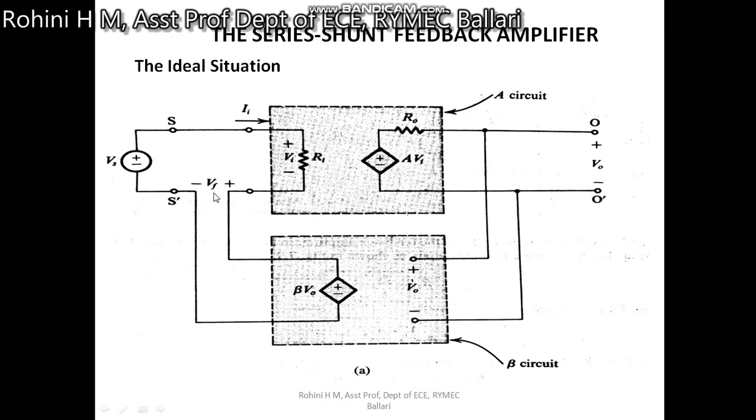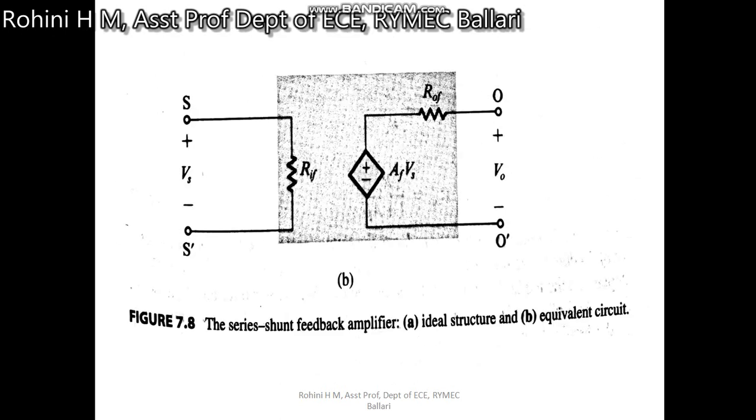This is the feedback voltage, Vf. So this is the series shunt feedback amplifier, and this is the ideal small signal equivalent circuit of the amplifier. Input signal is Vs, output signal is Vout. This is the input resistance and output resistance. In series we connect a dependent voltage source whose value is AF.